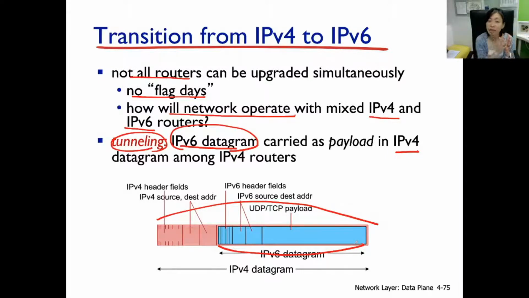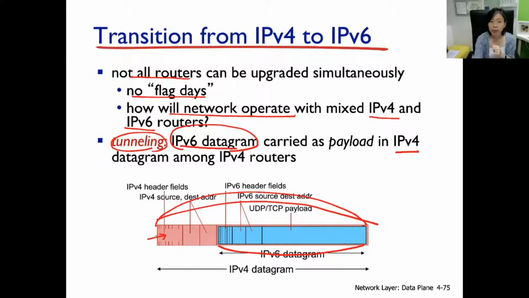So that IPv6 packet is encapsulated, so being contained, in this bigger IPv4 packet. All right. So you see here, we'll have packet header fields here, source IP address, destination IP address, et cetera, et cetera.